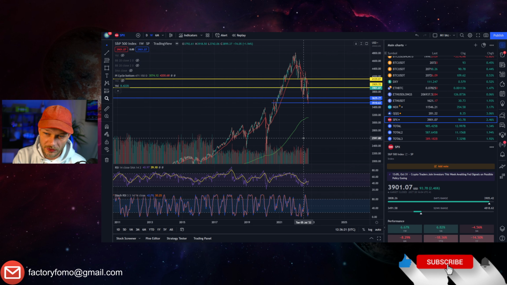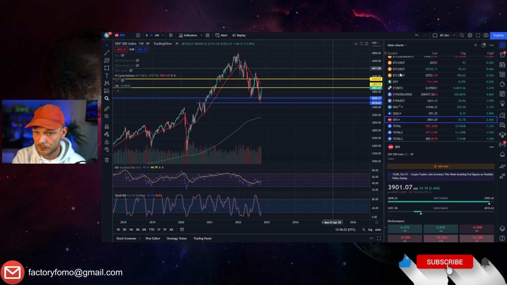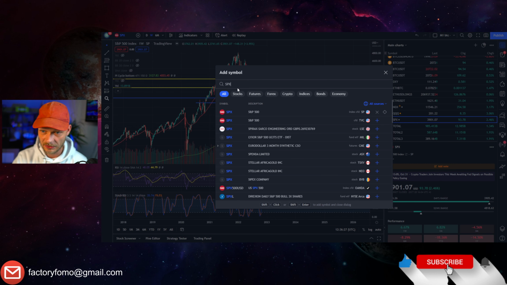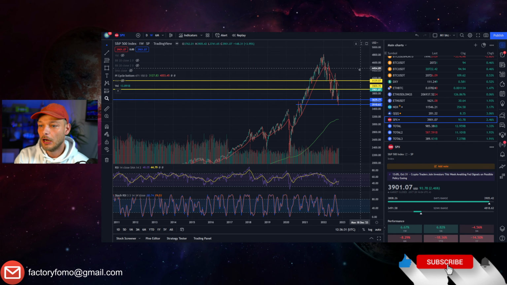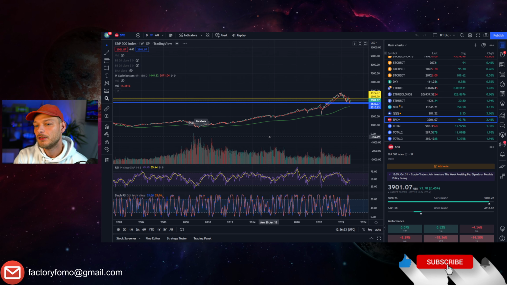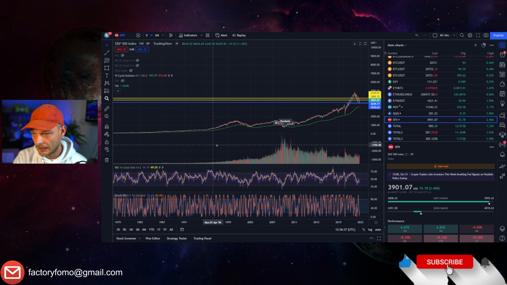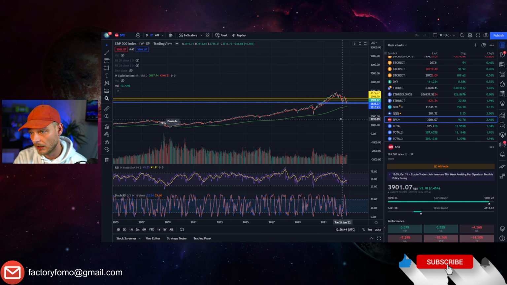And the S&P 500 is not bad. The ticker of that is SPX. If you fill in SPX, you'll find it right there, S&P 500. Check that out, because however you want to put it, crypto and stocks are correlated. If we zoom out on the S&P 500, we haven't seen that big of a dump often.